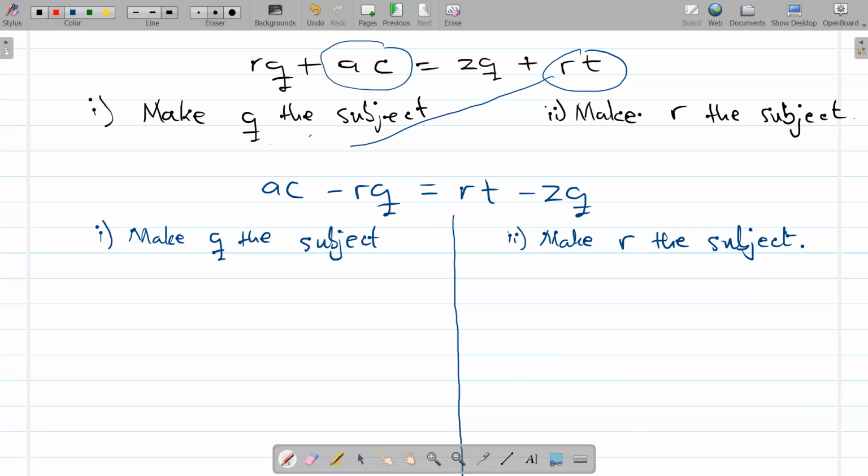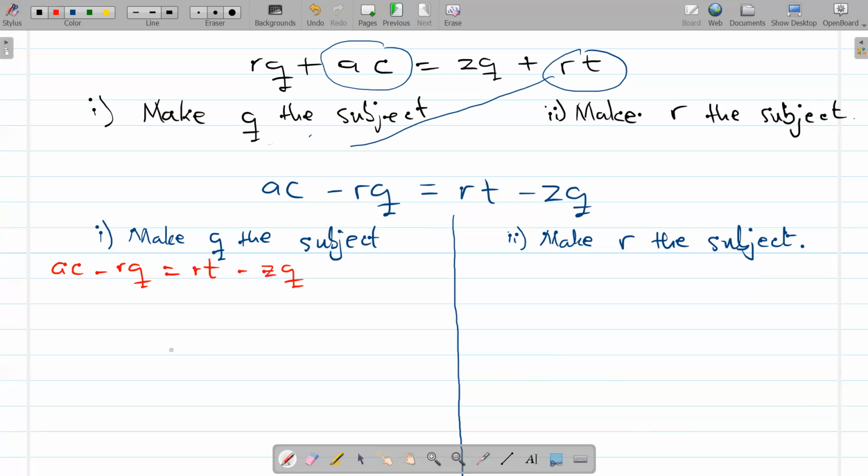So I'm done. Okay. So let's look at the first one, which is Q. AC minus RQ is equal to RT minus ZQ. Let's look at the movement first.